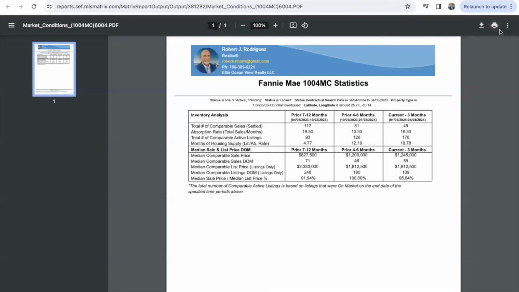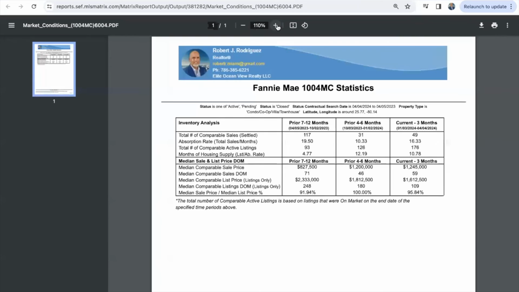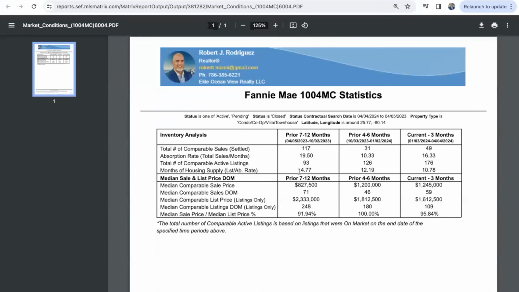All right. Similar to what we had just seen earlier, we went from 4.7 months of inventory at the beginning of April of last year to 10.7 months of inventory. So our inventory doubled. It went from 93 to 176.